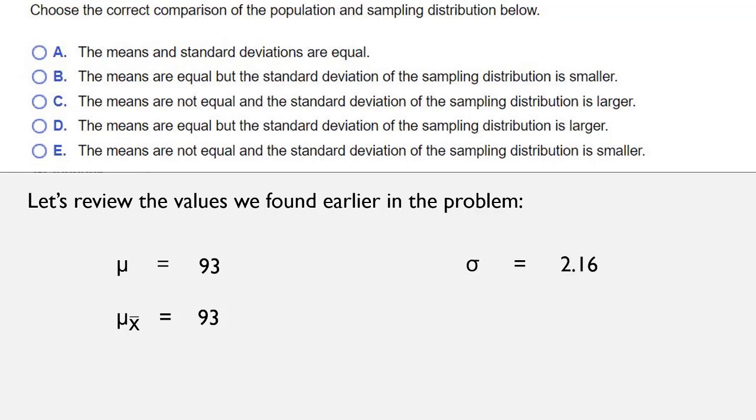Sigma was 2.16, and sigma of x bar was 1.25. So the standard deviation of the sampling distribution of sample means was smaller. So when we look at these choices, the correct choice here is answer B. The means are equal, but the standard deviation of the sampling distribution, sigma of x bar, is smaller. That's your answer.